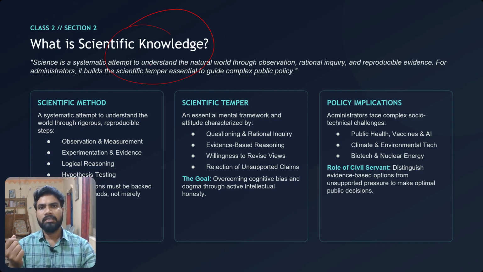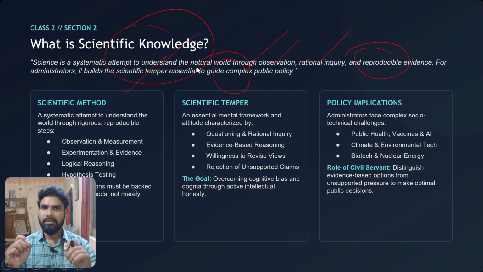Science is a systematic attempt to understand the natural world through observation, rational inquiry, and reproducible evidence. For administrators or aspiring administrators like us, it builds the scientific temper essential to guide complex public policy.